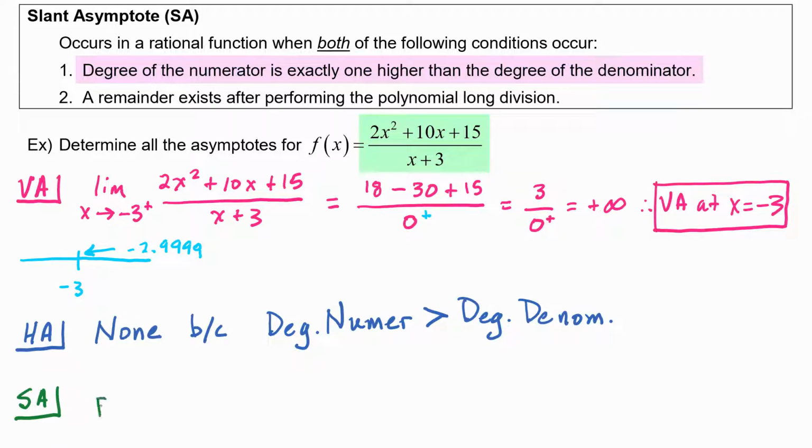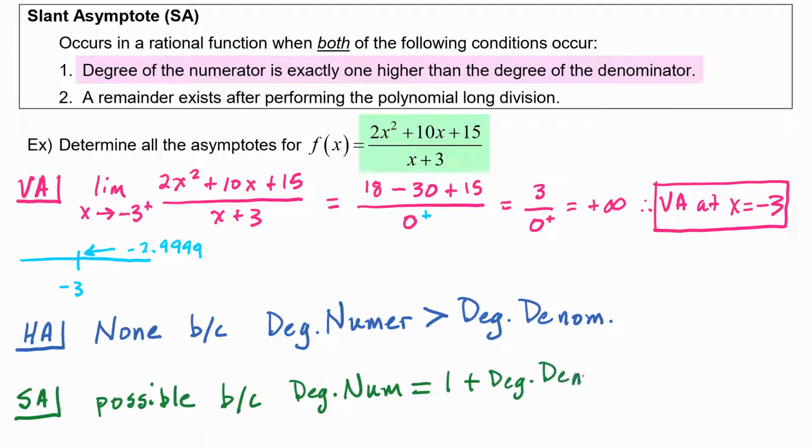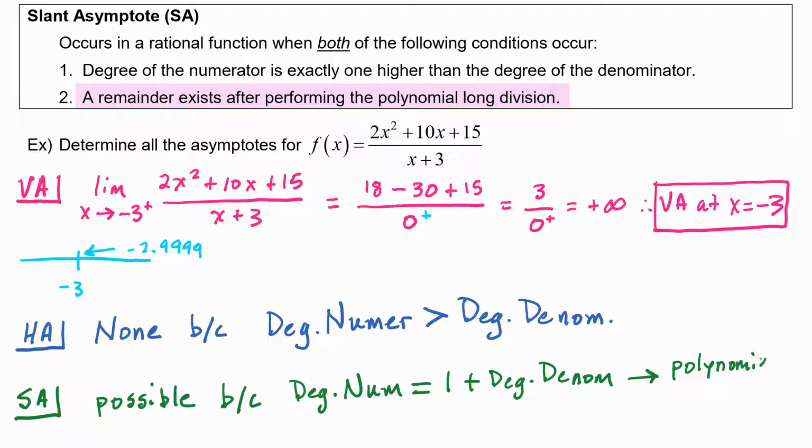So it is possible. We don't know that there is one, we just know it's possible because the degree of the numerator is exactly 1 more than the degree of the denominator. Now when that happens, we have to do polynomial long division, everyone's favorite.